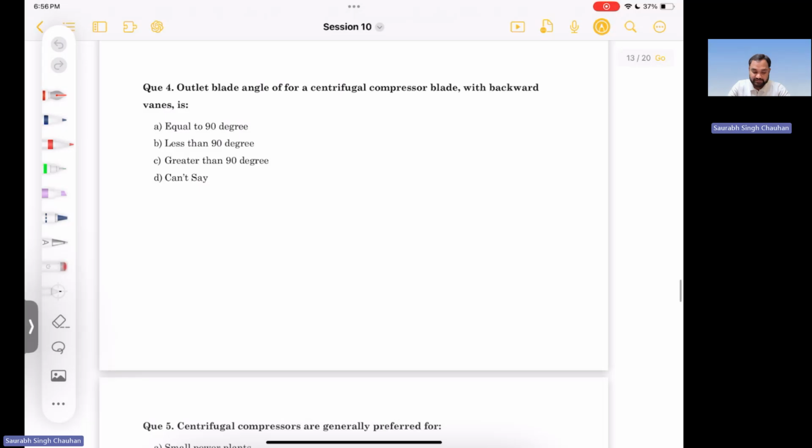Question number 4 says the blade angle for a centrifugal compressor blade with backward vanes is. Okay, so we have discussed two types of blades, right? Forward vane and backward vanes, right?